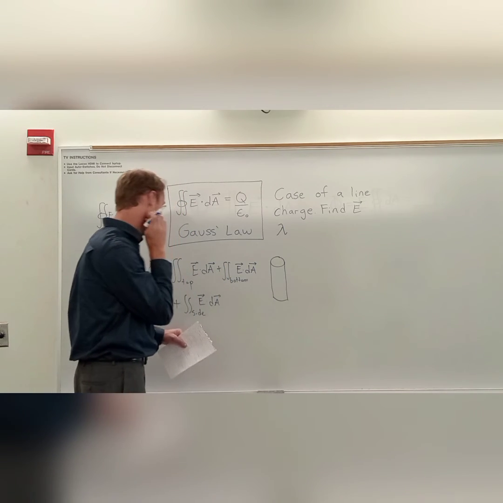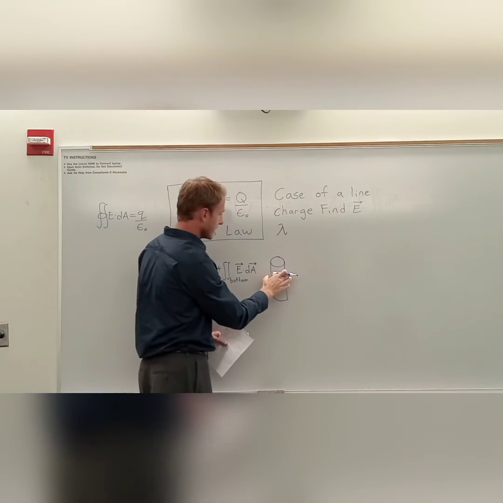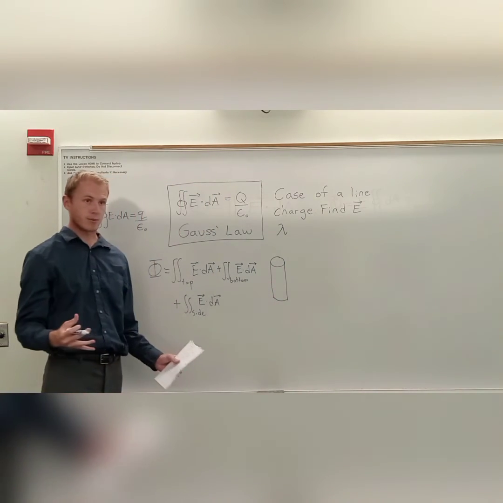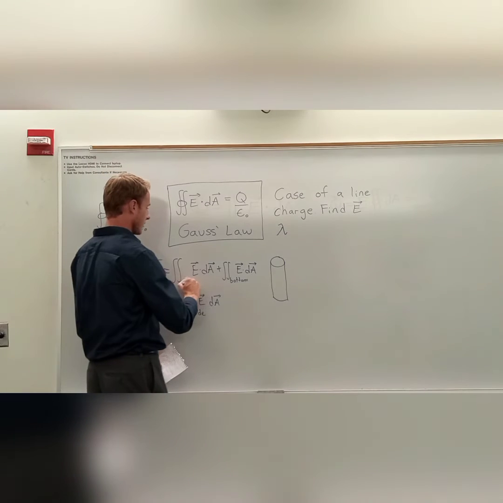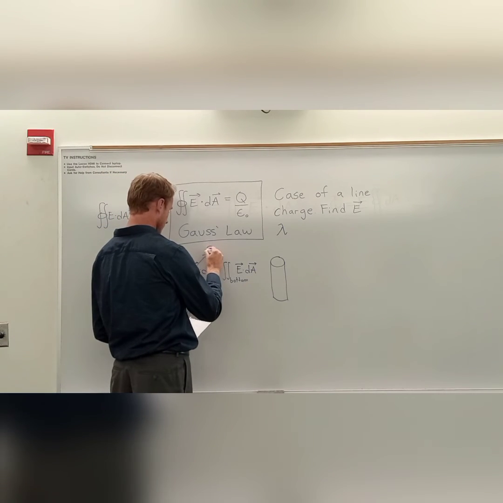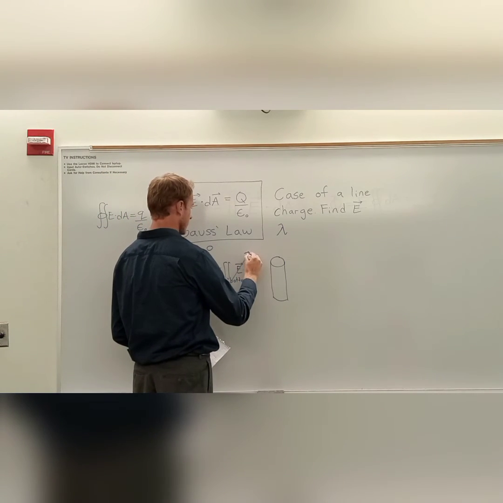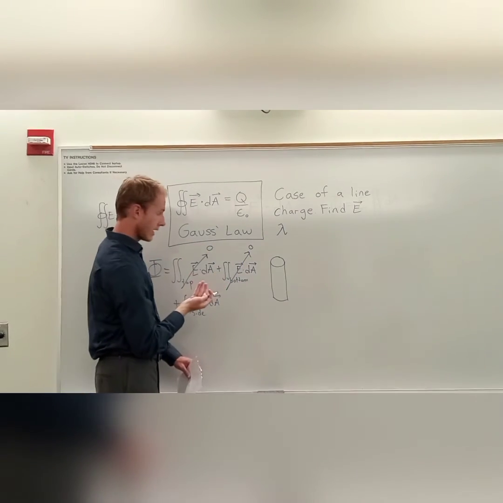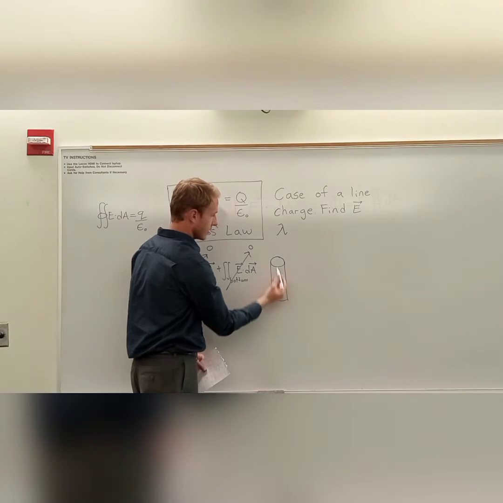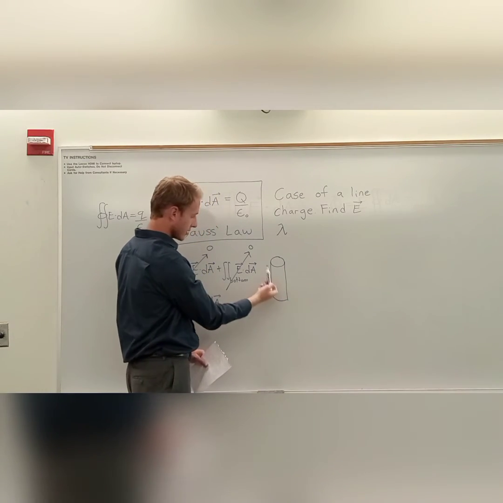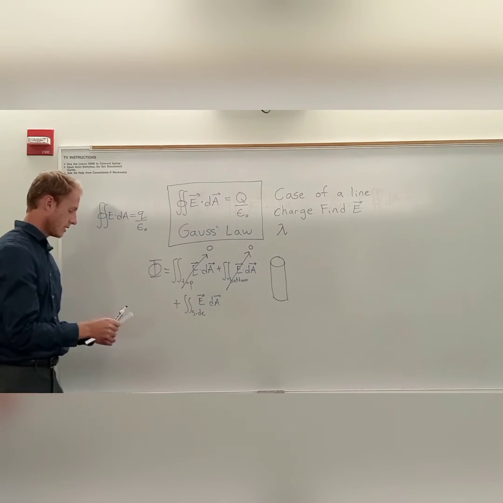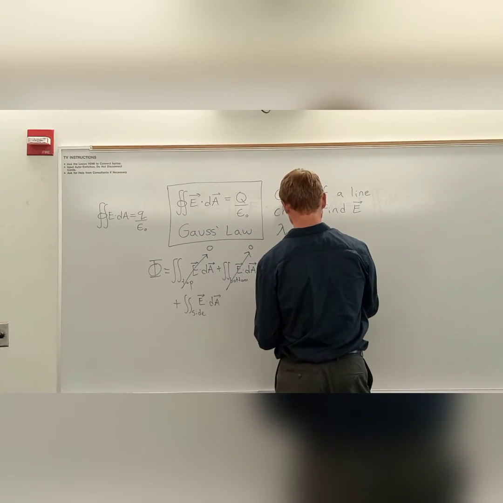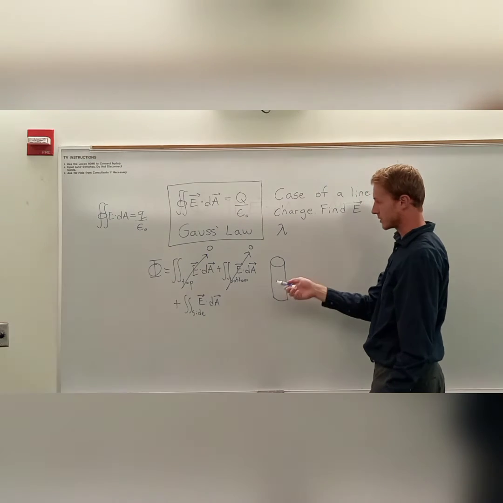And because the top and bottom are along the same direction as the line of charge, both of these become 0. So we're just left to find the side that wraps around perpendicular to the line charge, lambda.